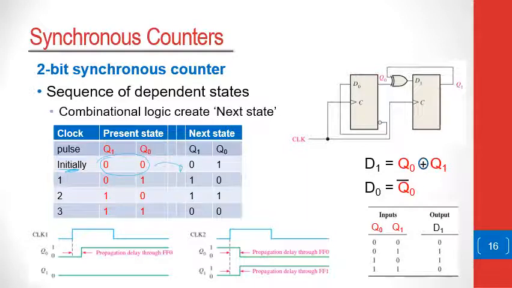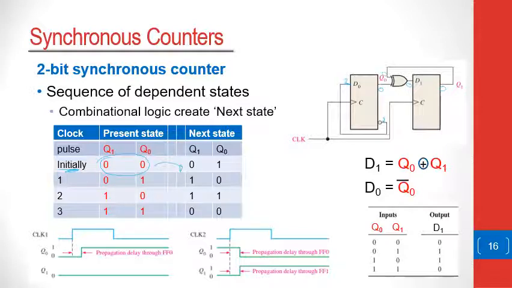When we are at 0, 0, the input here is going to be 1, because flip-flop 0 has 0, which means Q0 bar would be 1. And we would also have a 0 and a 0 at the other input, so we'll have a 0 here at the input.